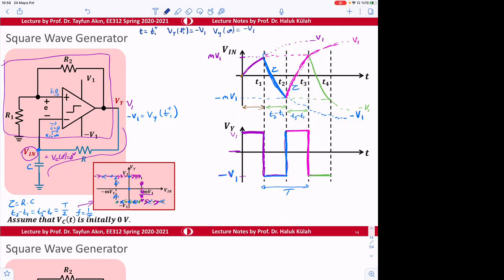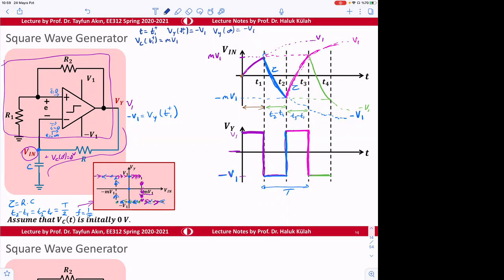So it starts from here. Did I make a mistake? I think I made a mistake. Okay, yeah, no, this is correct. So Vc of T1 plus is equal to MV1.